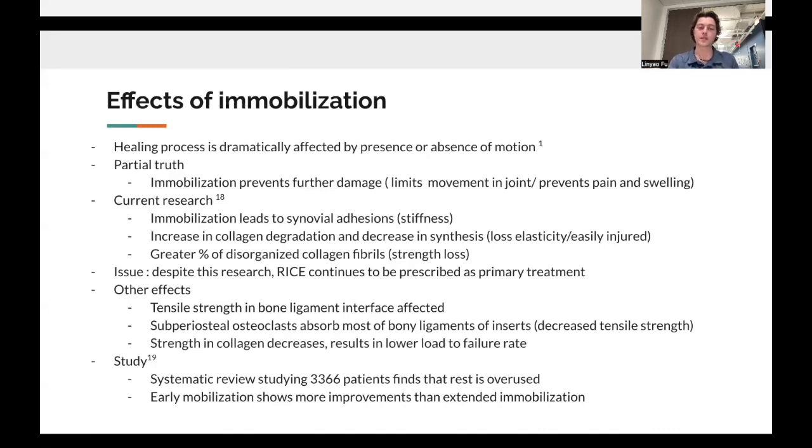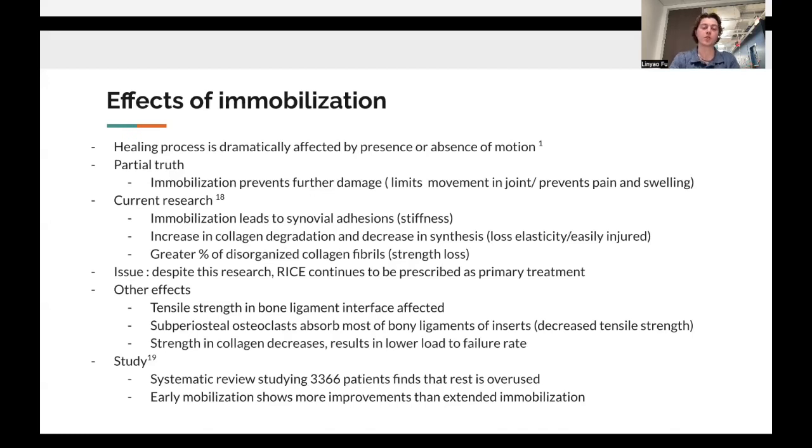And then another effect of the immobilization on the tissue is that you lose tensile strength because the bone ligament interface where the ligament connects to the bone is also affected by immobilization. And this is because the osteoclasts are typically absorbing most of the bony ligament insertions, so it's going to decrease the tensile strength.